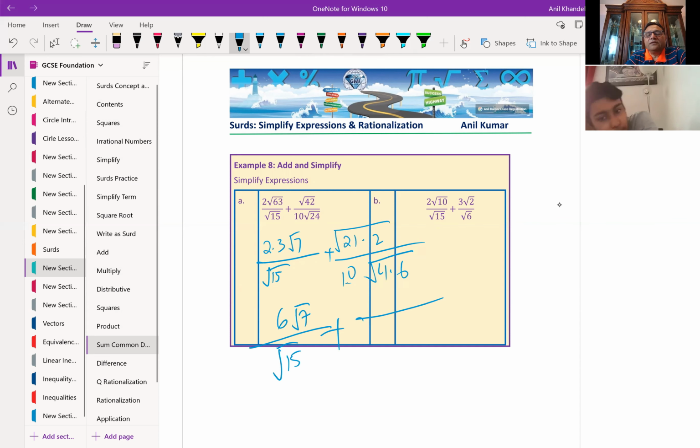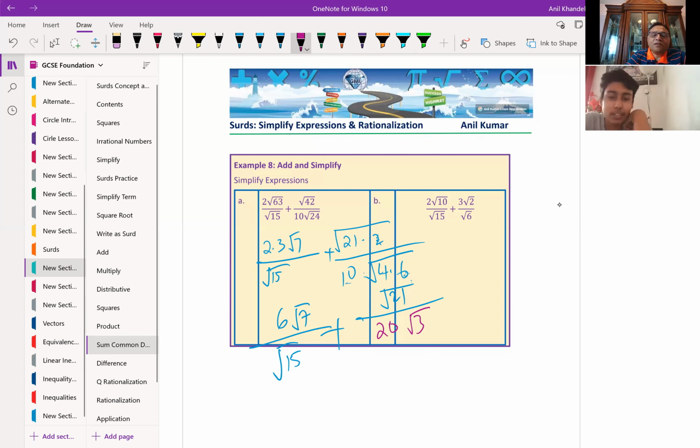We'll bring this away. We get square root 21 here, but we could cancel this 2 with 6, right? We get 3. Do you see that? Where is the 3, sir? 6 divided by 2. Okay, sir. Yeah, I see. You get the idea? 2 outside, we get 20 square root 3. Does it make sense?